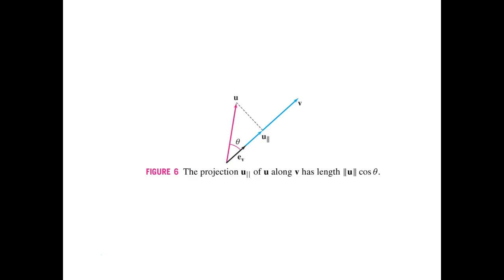Because if you think of this, here's the angle theta, this is the adjacent side, that's the hypotenuse, so the cosine of theta is the projection of U divided by the magnitude of U.